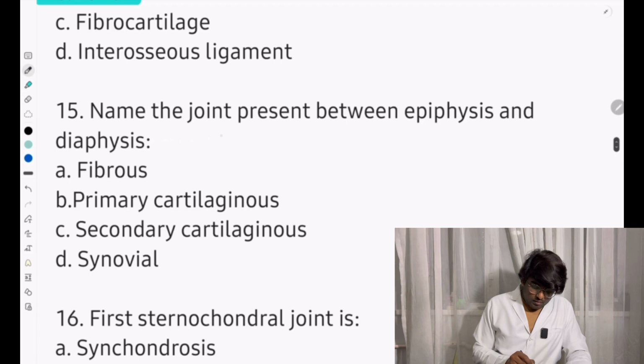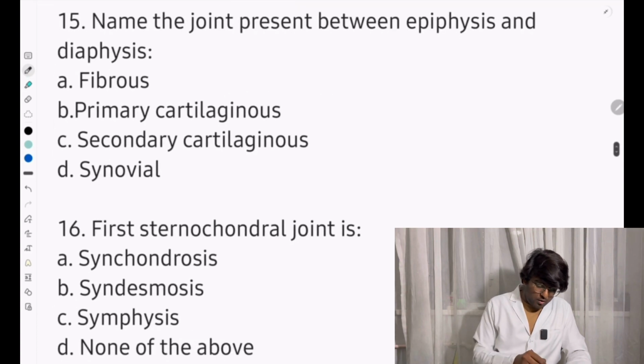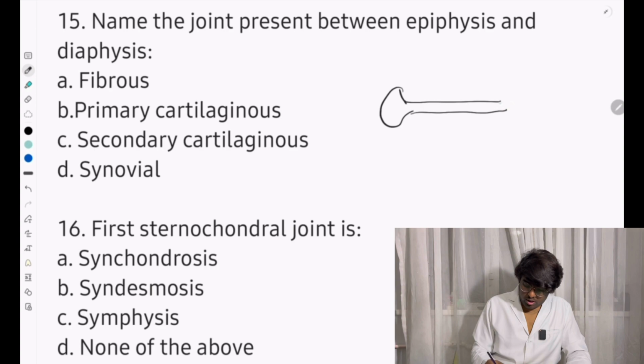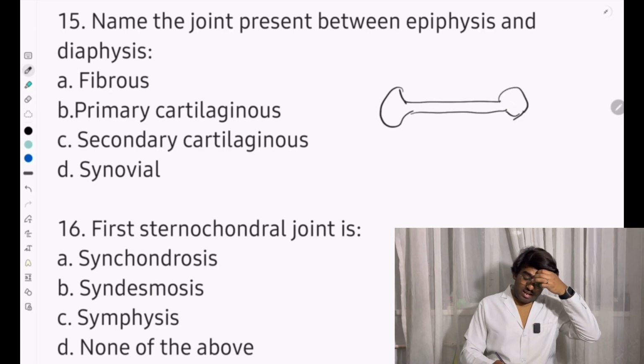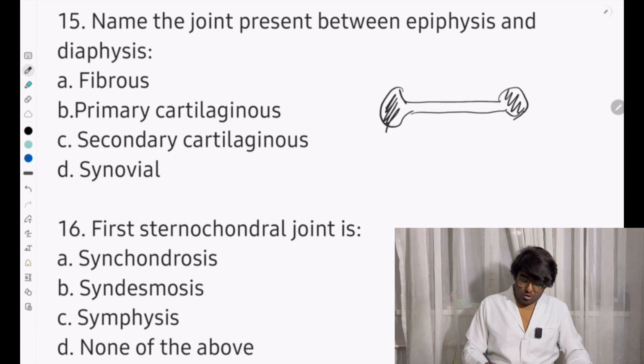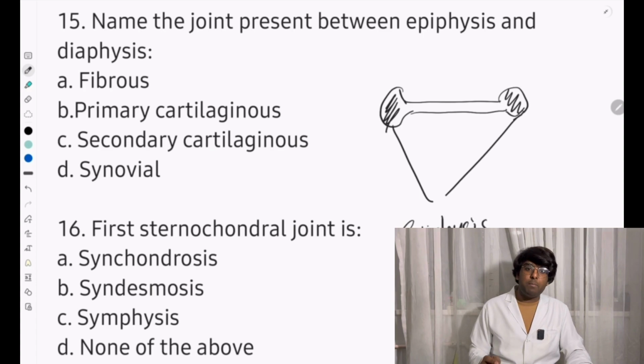Then name the joint present between the epiphysis and diaphysis. I will explain again about the epiphysis and diaphysis now. Suppose this is a bone. You can see that the black portion is the epiphysis. What do you mean by epi? It means the end.